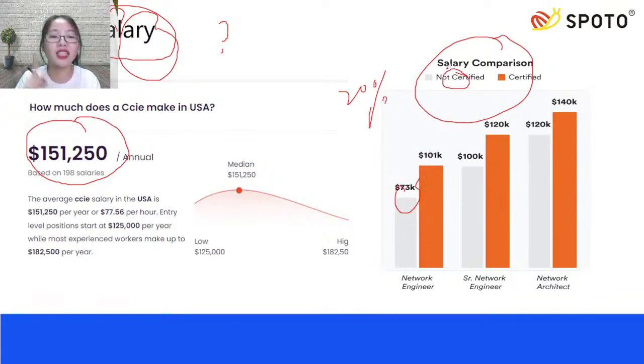So you must get a CCIE. That's why many people want to get a CCIE certification. This data is very real because my friends and I are both CCIE certificate beneficiaries. Some people say that the certificate is useless and the salary is still very low with the certificate.